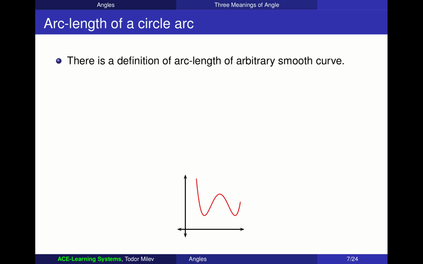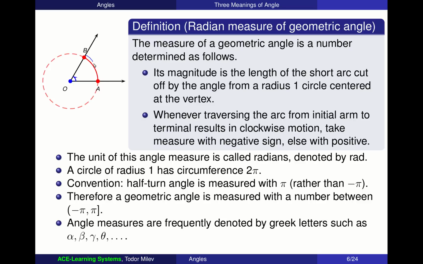And now in the previous slide, I used freely the knowledge of what arc length is. Let me go back for a second. In that slide, I took that arc and found the length of this arc, and I used that to denote the measure of a geometric angle.